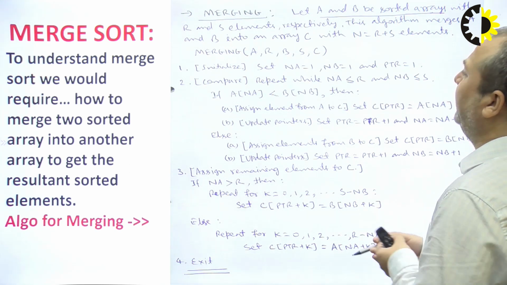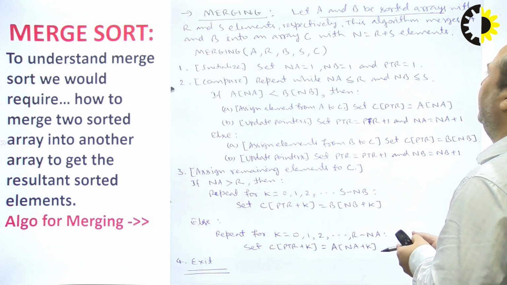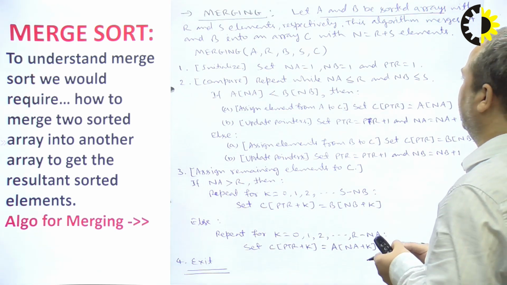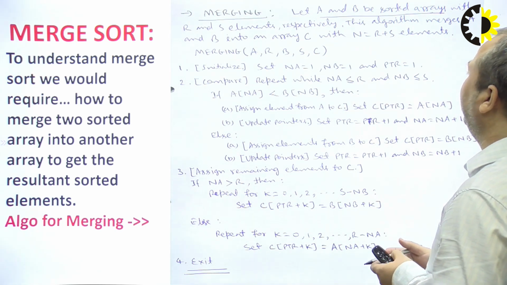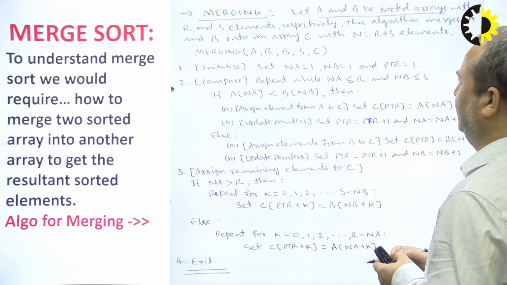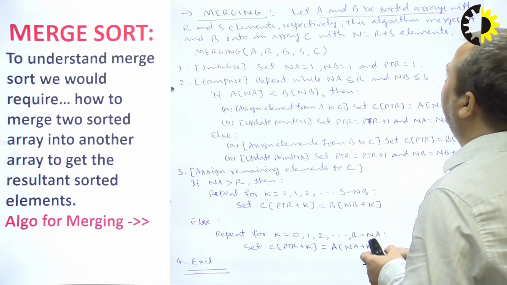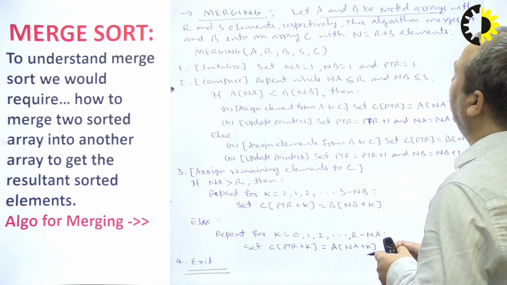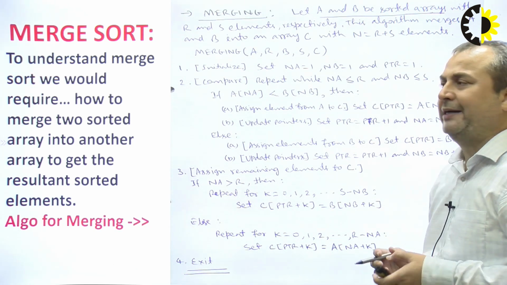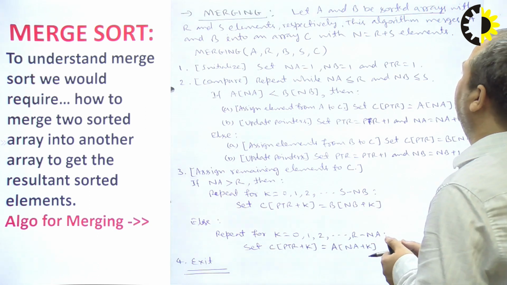We can even sort into decreasing order, but the general method is to sort elements into increasing order. So let's see the algorithm. First, we will require the merging operation. So let's see how the merging operation occurs.